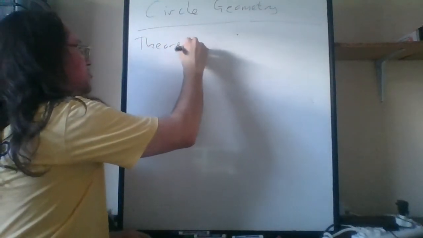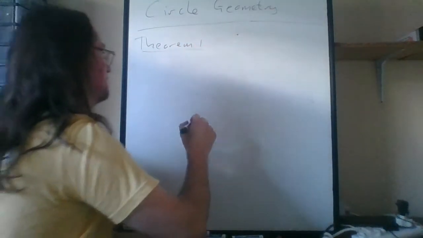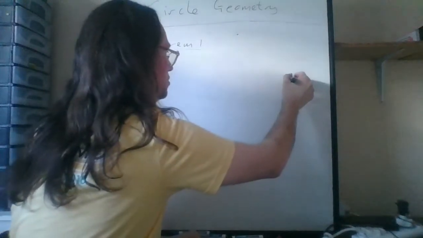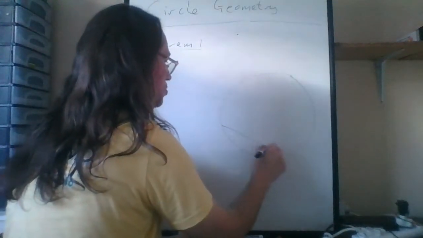these are normally done in grade 11 at school, theorem 1. So what we have is a circle, and we have a chord AB.